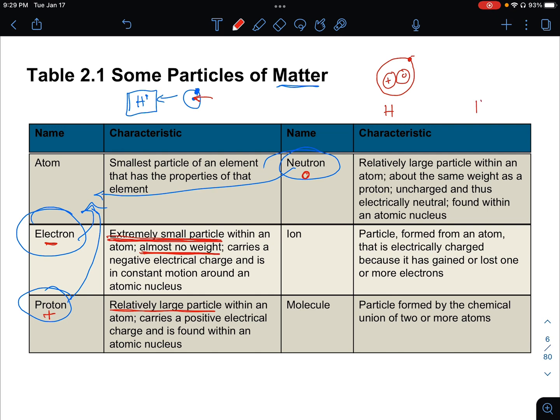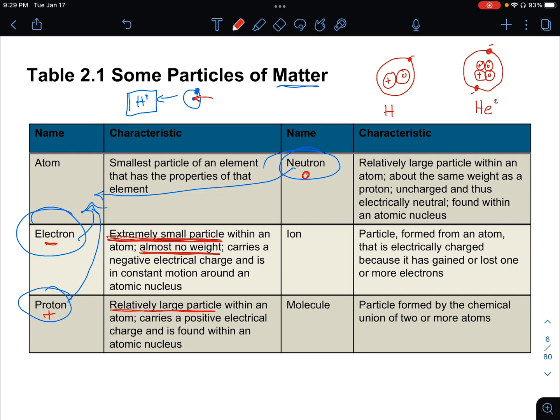If we go to the next level up to helium, we know this has an atomic number of 2. So we are going to have 2 protons, 2 neutrons, and then 2 electrons out here.